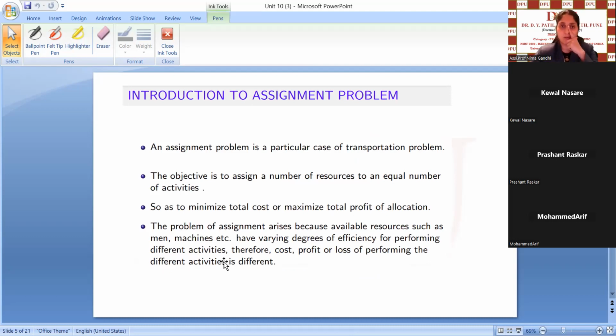Okay, so the problem of assignment arises because available resources such as men, machines, etc. have varying degrees of efficiency.